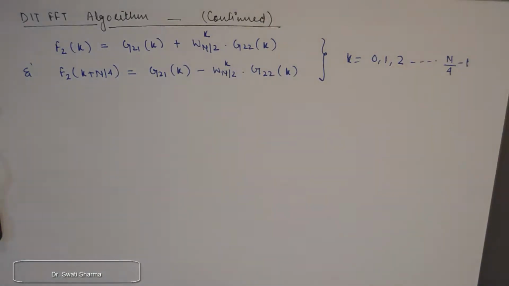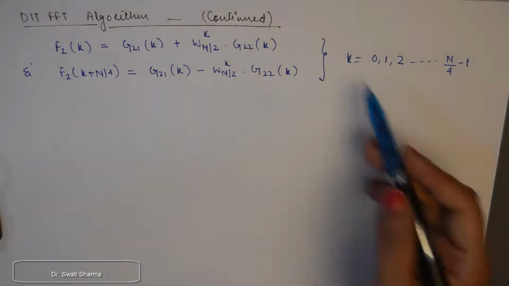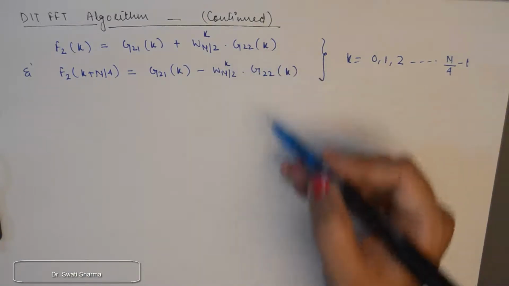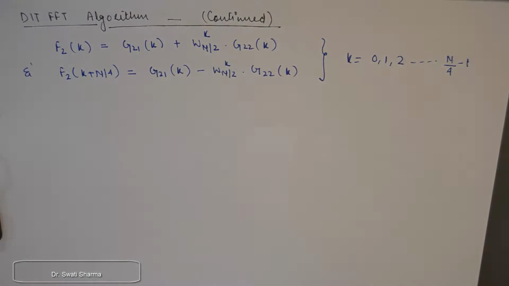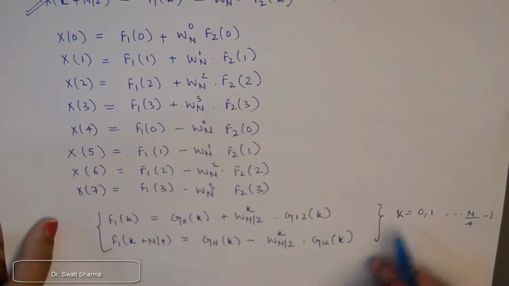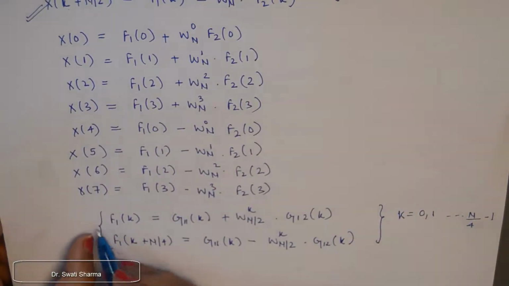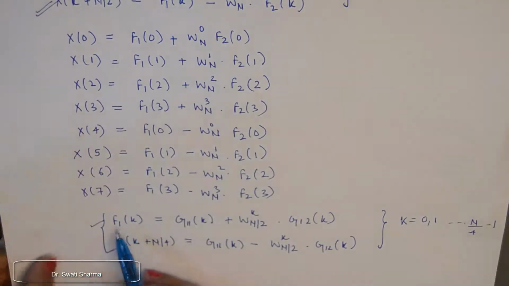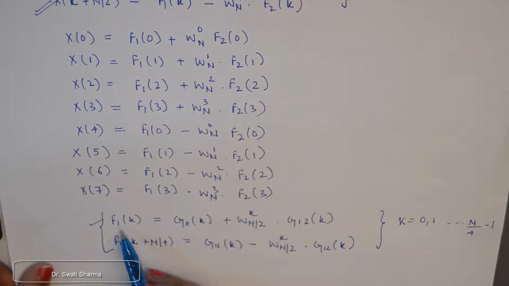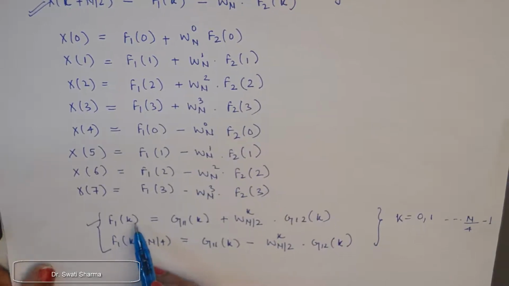Now when we substitute the value of k in all the four equations corresponding to f1 and f2, we will have the specific sample values. When I substitute k equal to 0 in this equation, I get the first sample of the sequence f1, which is f1 of 0, and when I substitute k equal to 1, I'll get f1 of 1.